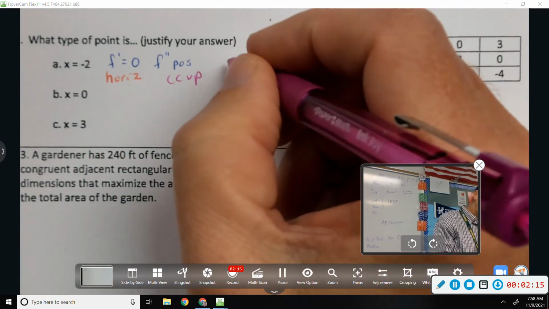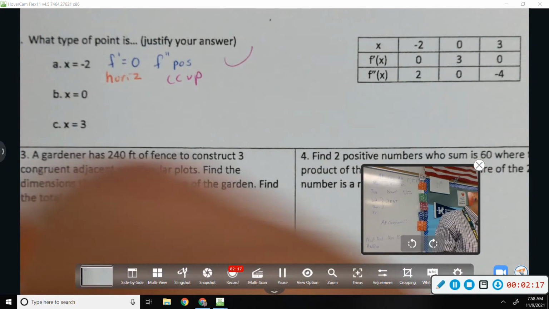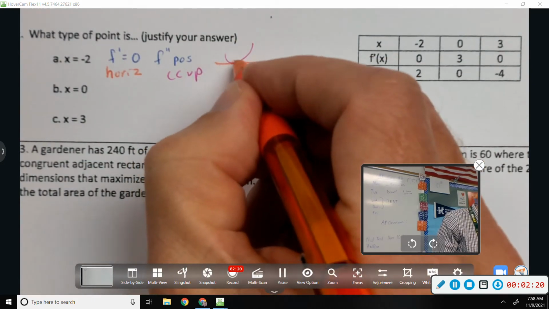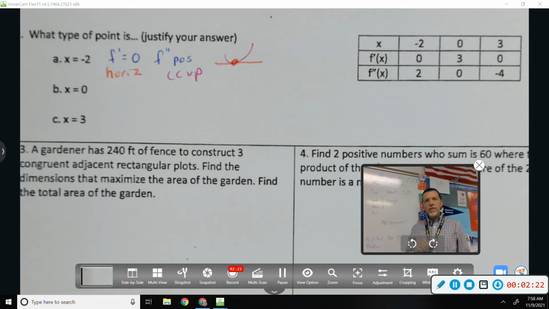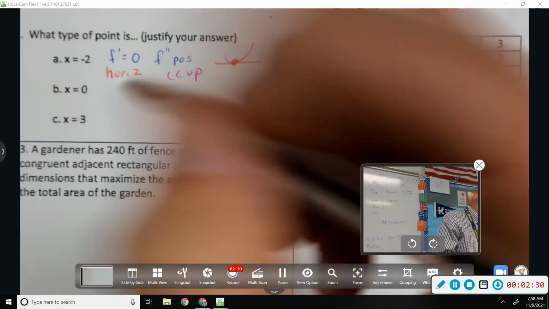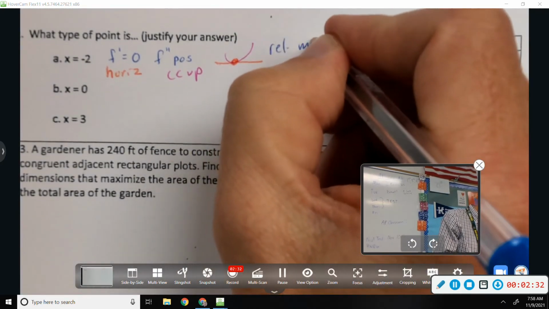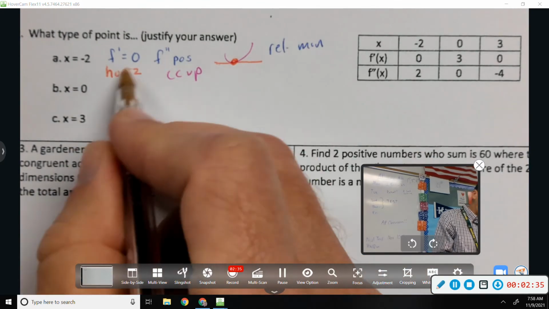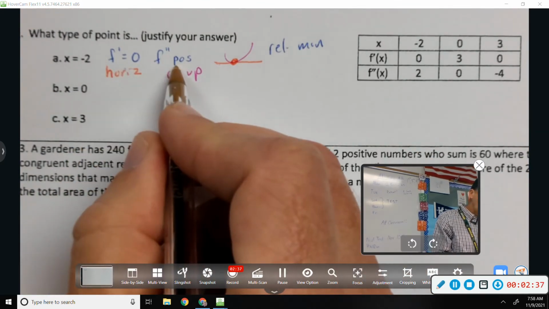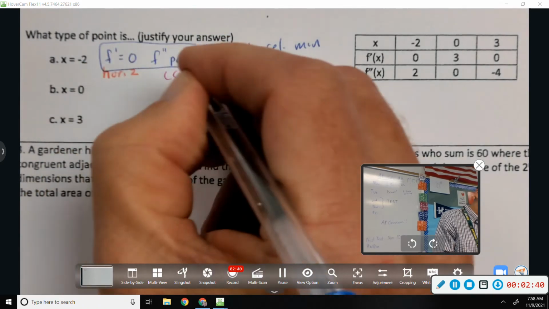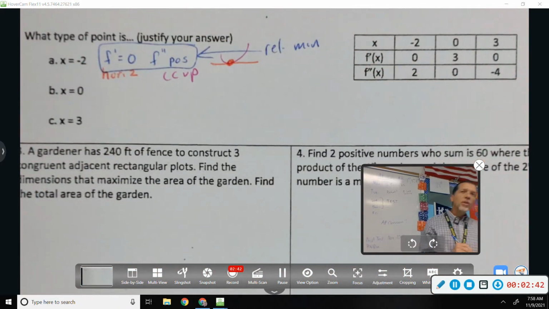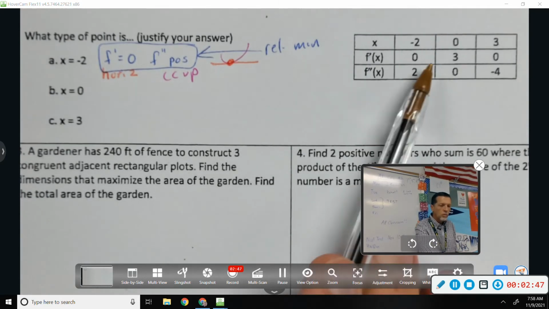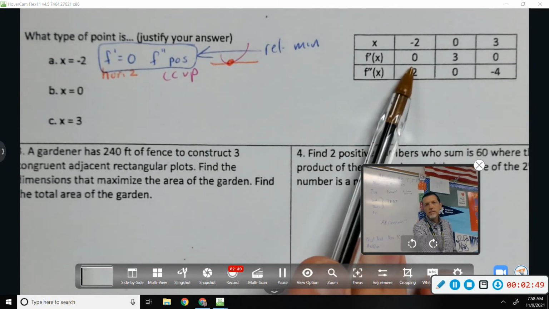So I need to draw something that's concave up, but has a horizontal tangent line. So I think I just convinced myself that x equals -2 is a relative min. And then your justify would be f prime equals 0 and f double prime is positive. That's the second derivative test, because we're using the second derivative to figure out what f prime equals 0 means.